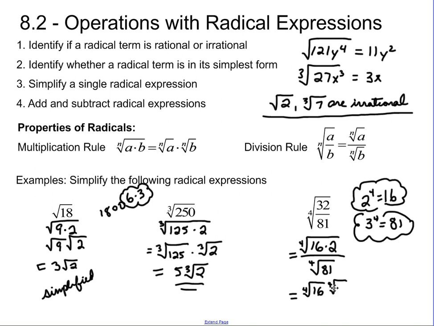That is not a nice perfect even root here. And the fourth root of 81. And so when we reduce this expression, we should get the fourth root of 16, which is 2, times the fourth root of 2, all divided by the fourth root of 81, and that's 3. And that would be our simplified expression here.